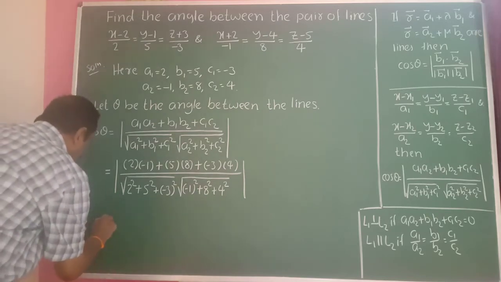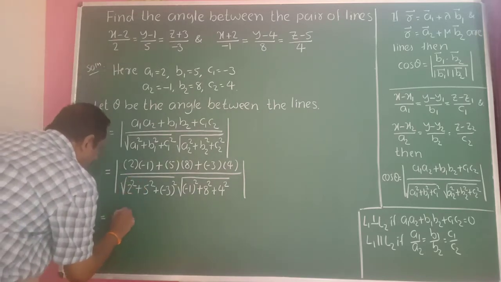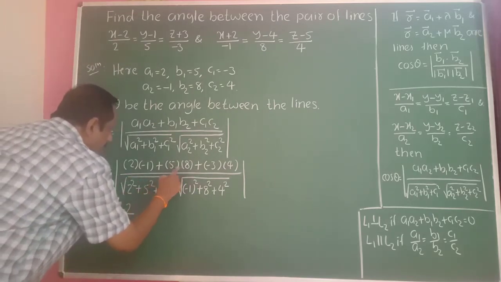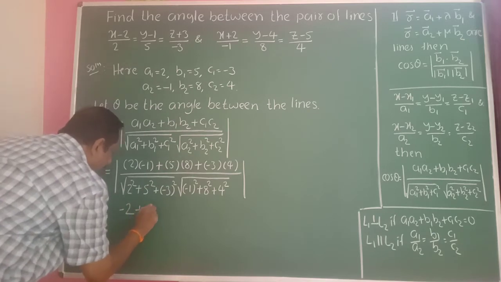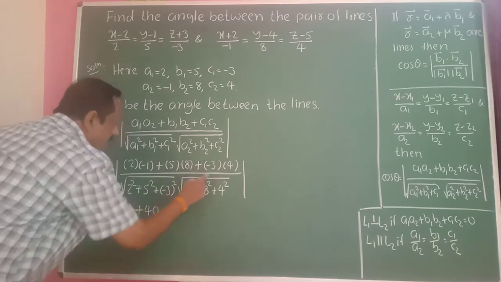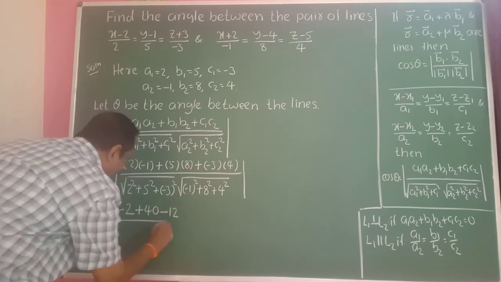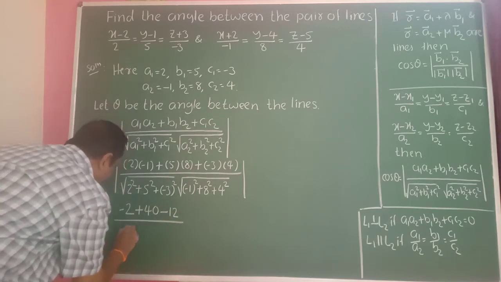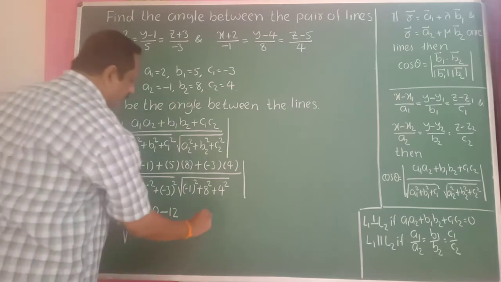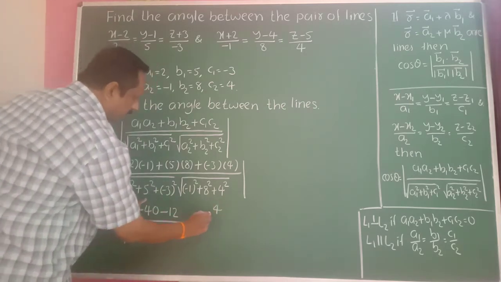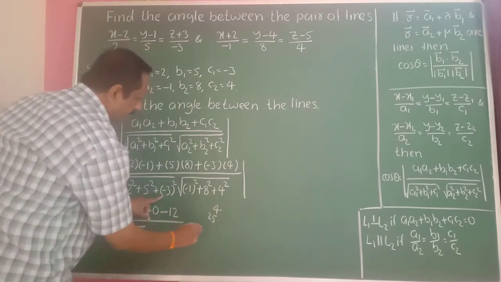Therefore, this is equal to 2 ones are 2, minus 2, 8 5s are 40, so plus 40 here, and 3 4s are 12, minus 12, divided by root of 2 squares are 4, 5 squares are 25, and 3 squares are 9.